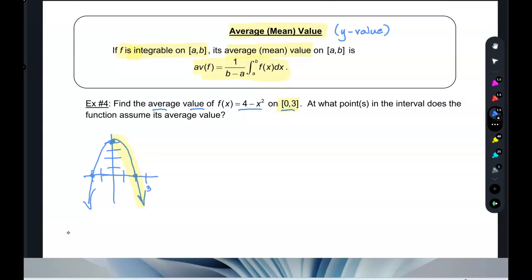So let's do that now using calculus. The average value of f is 1 over 3 minus 0, times the integral from 0 to 3 of 4 minus x squared dx. We might guess it's probably somewhere around here.